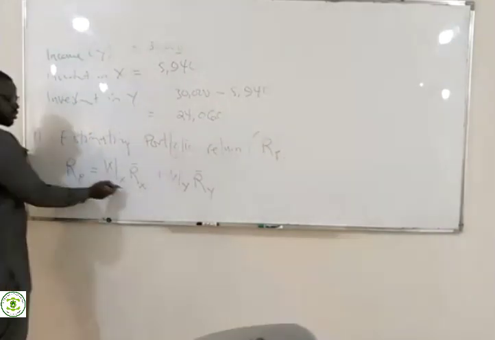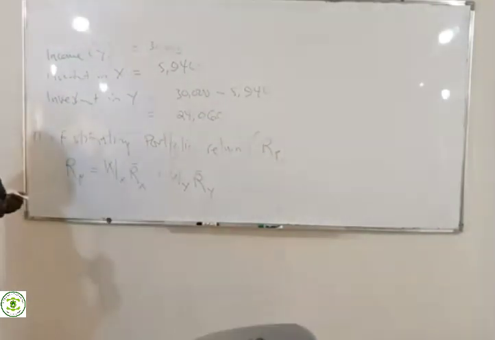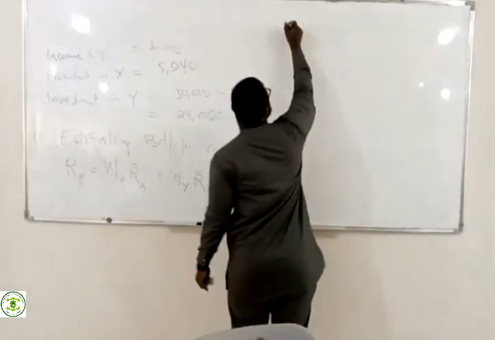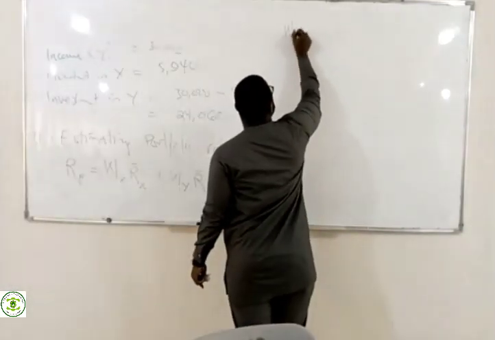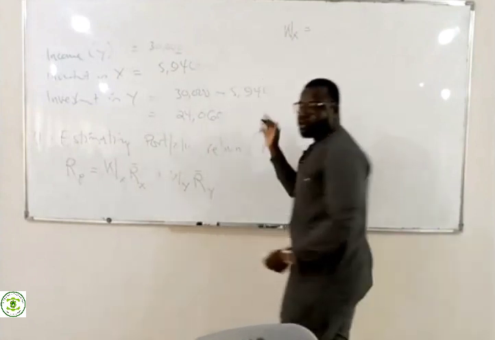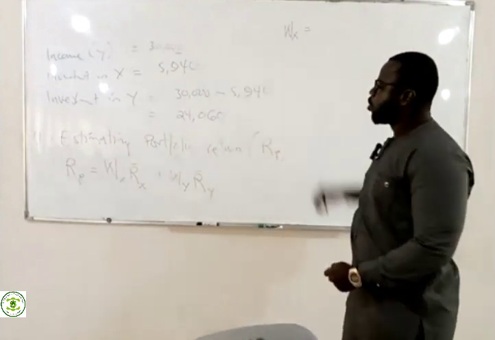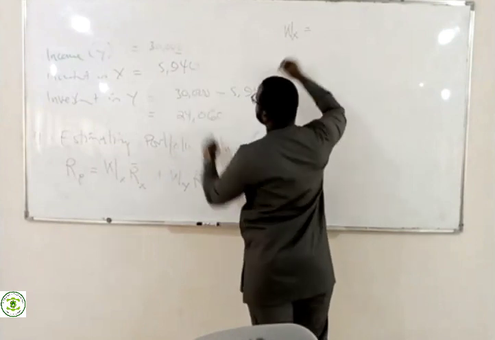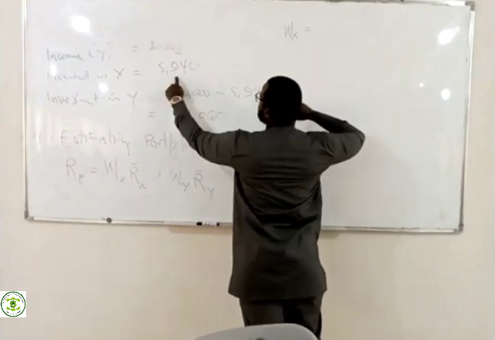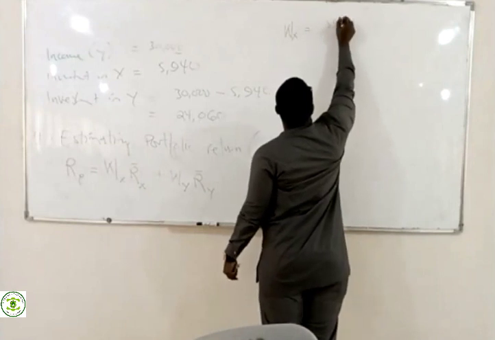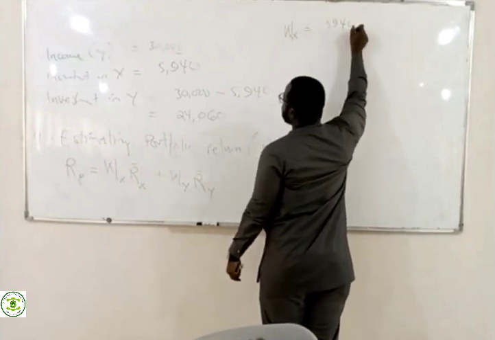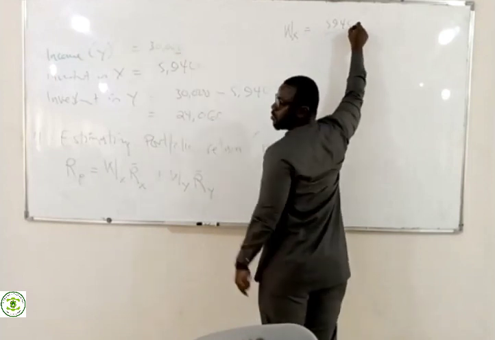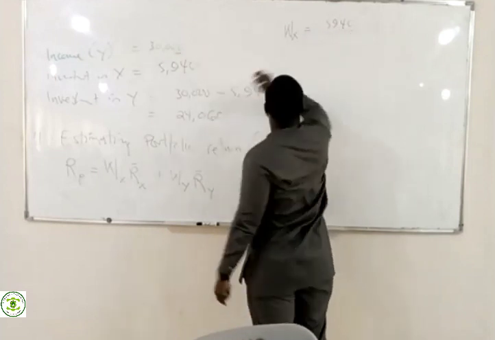So these are the unknowns. We need to solve for the unknowns. So in this case, our weighted average or the amount spent on X, the proportion spent on X, will be 5,940 all over 30,000.